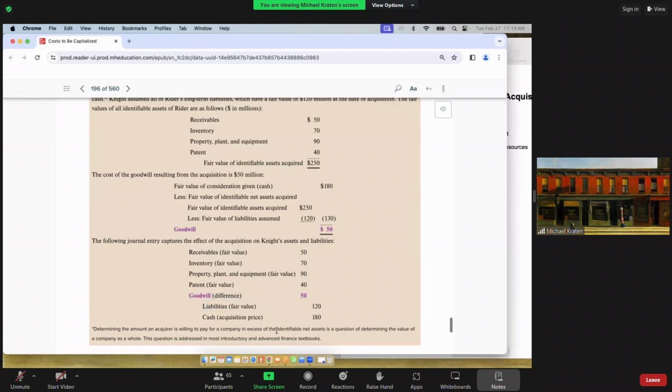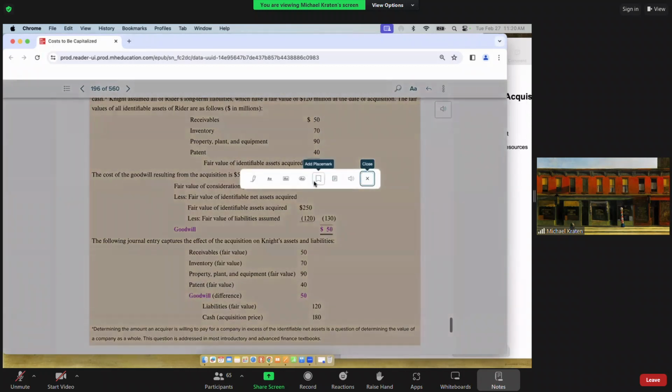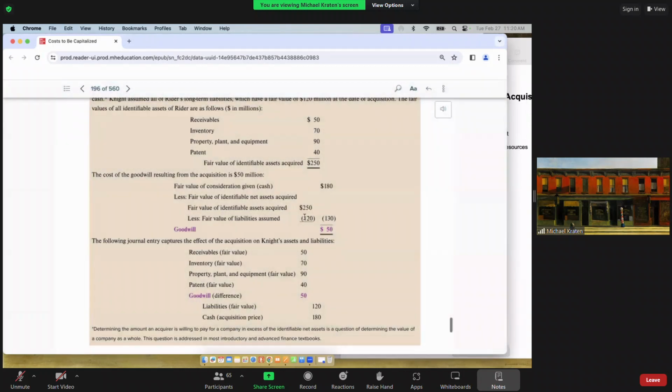Goodwill is, in a mathematical or arithmetic sense, measured. The 50 is calculated by adding up the identifiable net asset value, which in this problem is 250. Sorry, let me start again. The identifiable gross assets are 250.